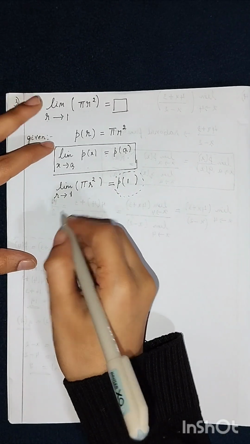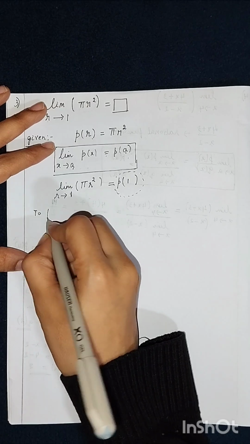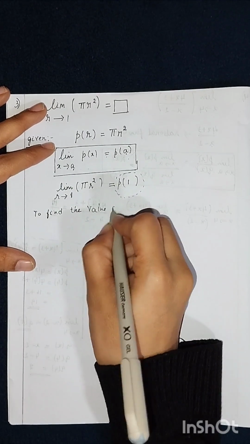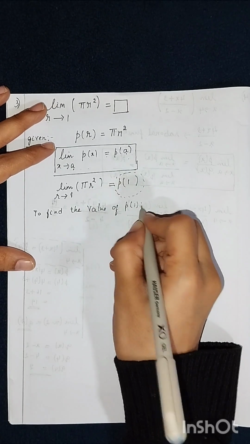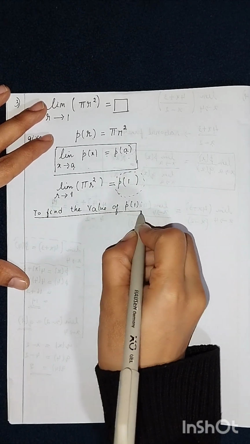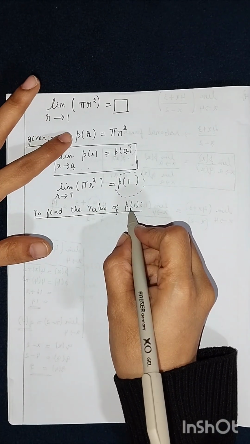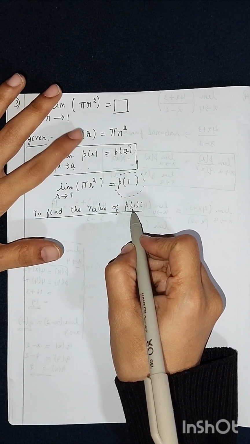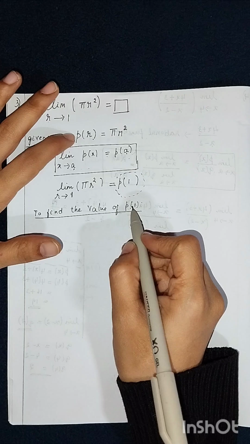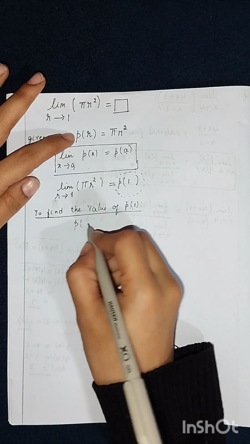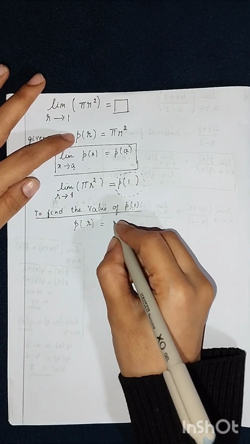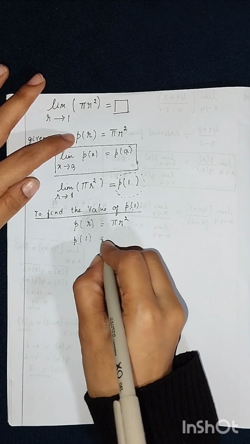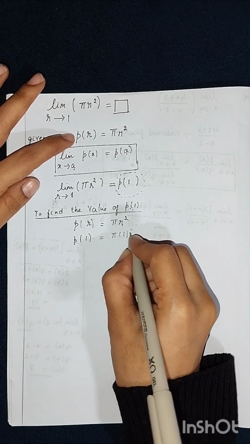So how to find p of 1? P of 1 is obtained from the function itself. See the pattern, it is p of 1, p of r. So we can get this value from p of r itself. So p of r is equal to pi r square. So p of 1 is equal to pi times 1 square.